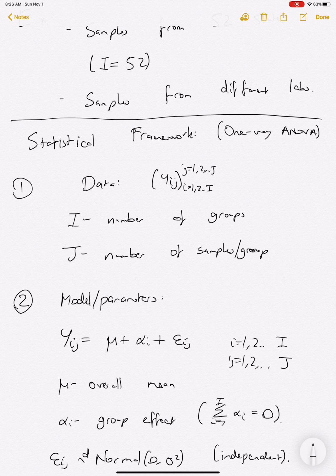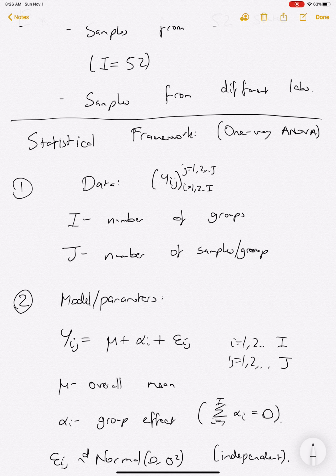So here I is the number of groups, so either the number of states, and J here is the number of samples per group. For simplicity, we're going to assume that the number of samples in each group is the same.